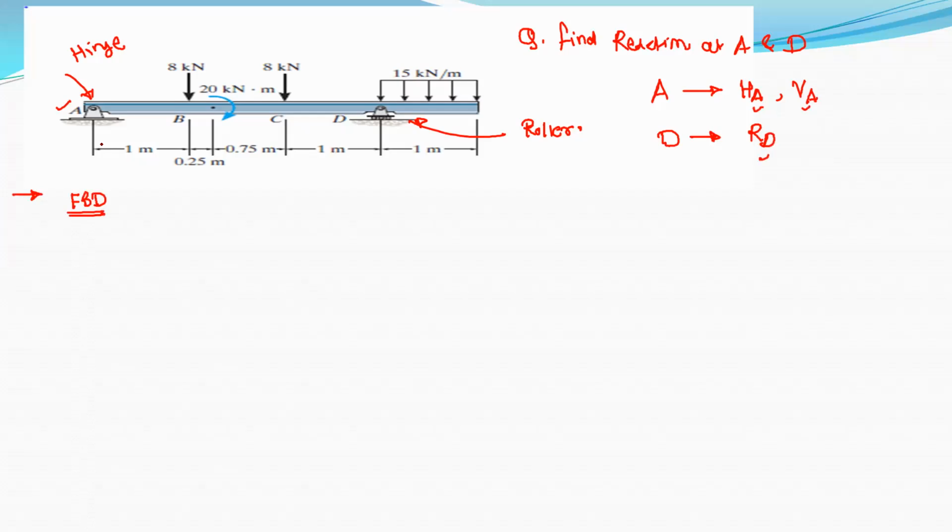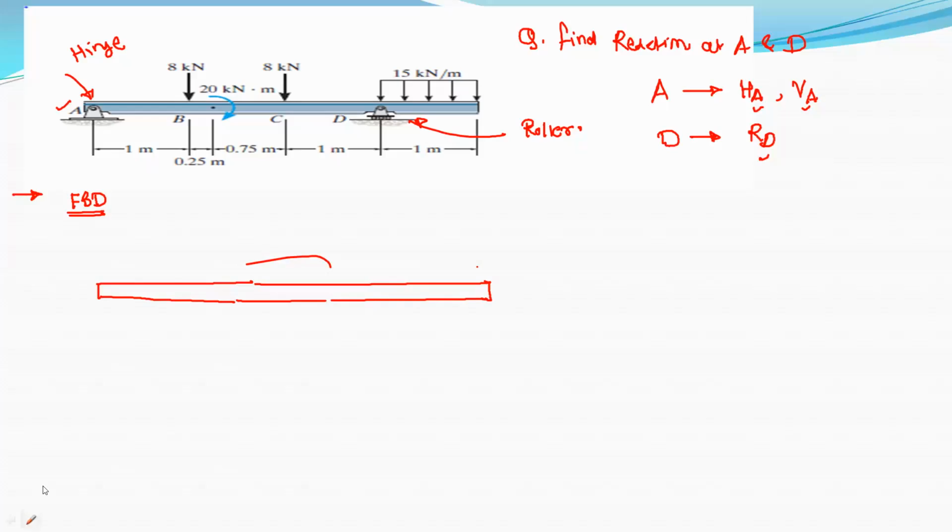For the free body diagram, isolate the beam ABCD from its supports. So draw the beam ABCD.